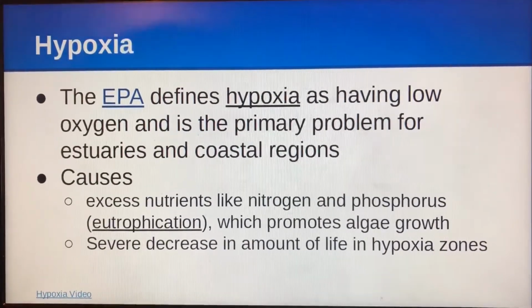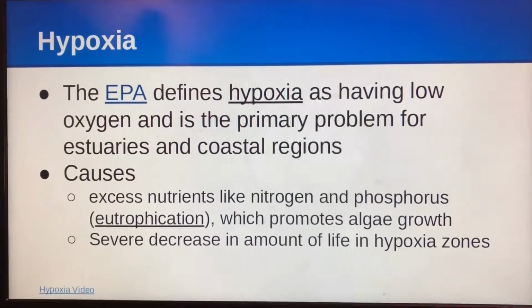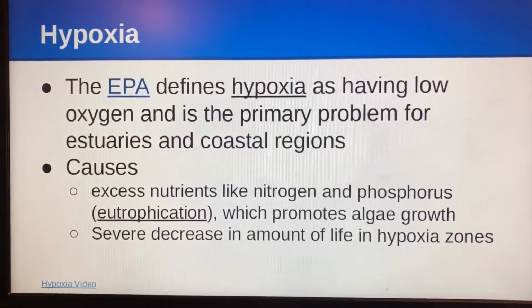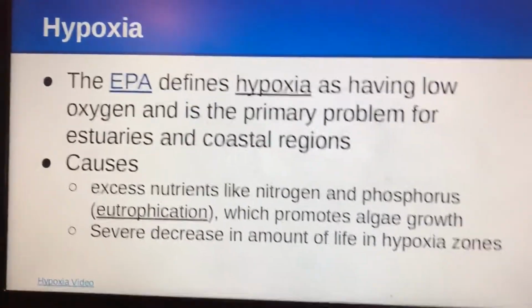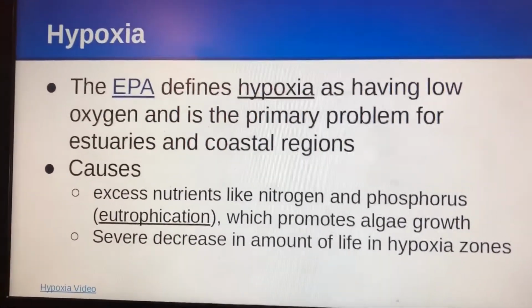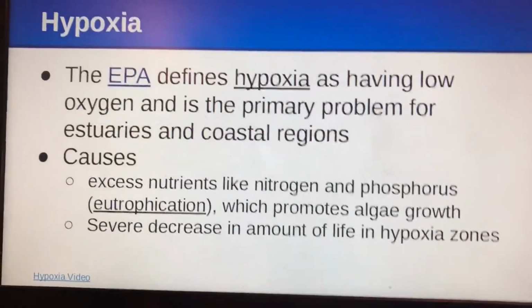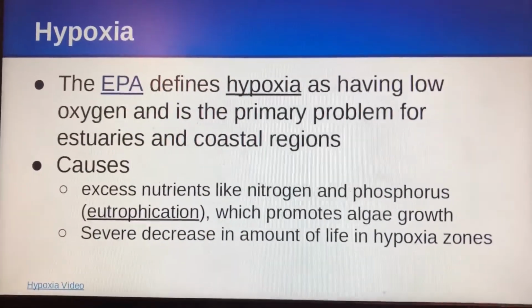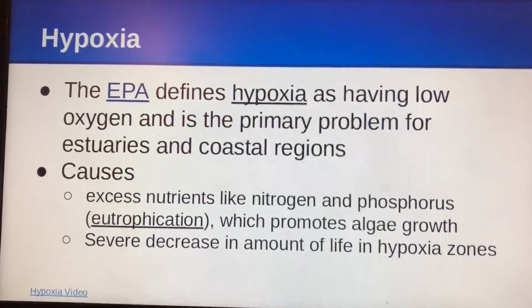And once the fertilizer is gone, there's not enough nutrients left to support all that algae life. And so all the algae starts to die. And as the algae dies and decays, it uses up the dissolved oxygen that's in the water. And so you end up with these huge, massive mass deaths in these bodies of water.